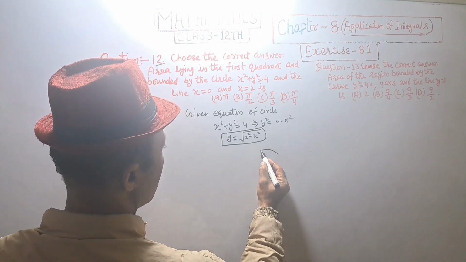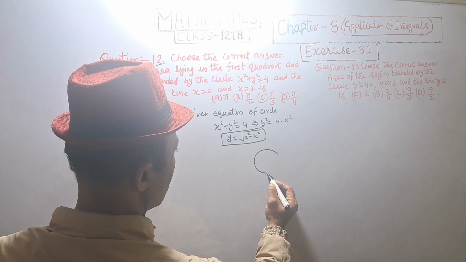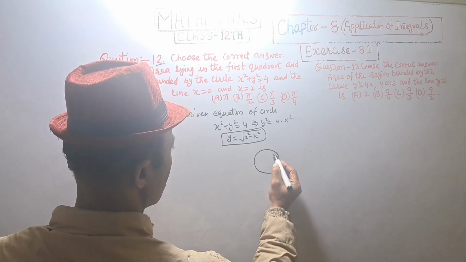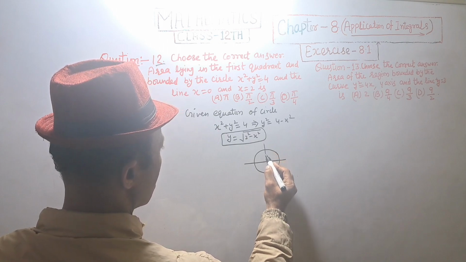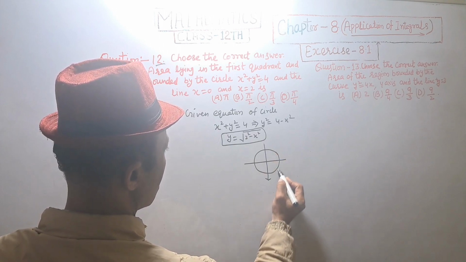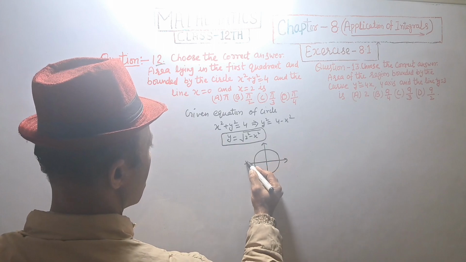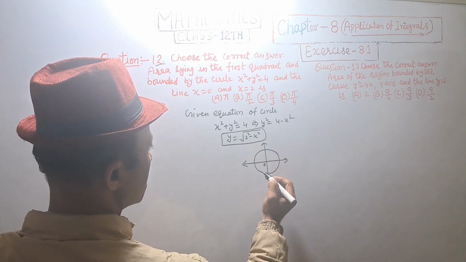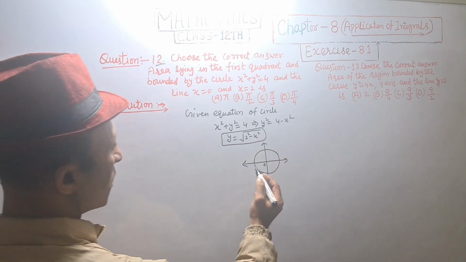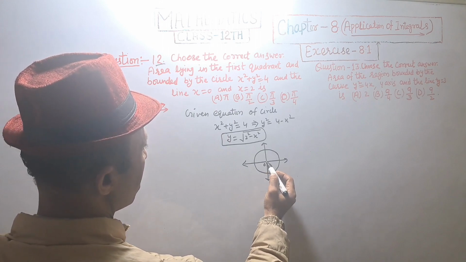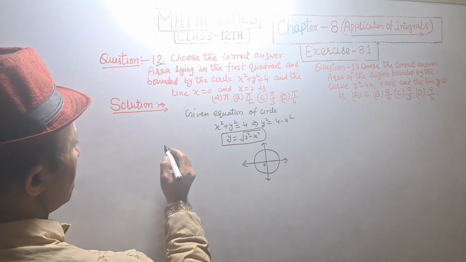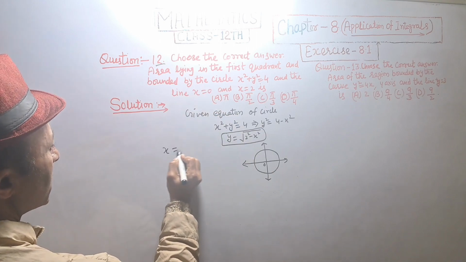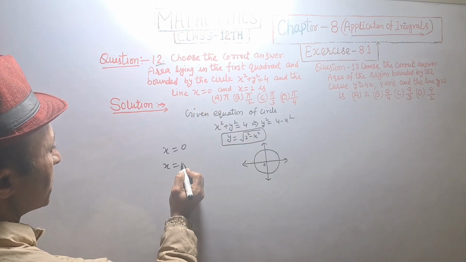And the lines x is equal to 0 and x is equal to 2.